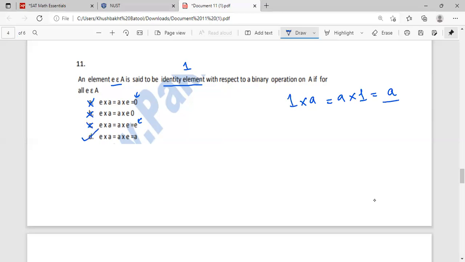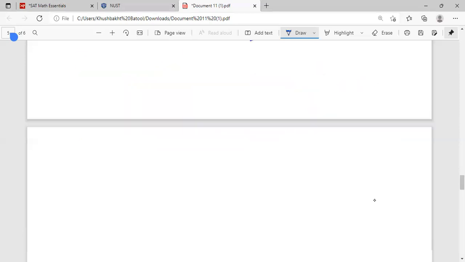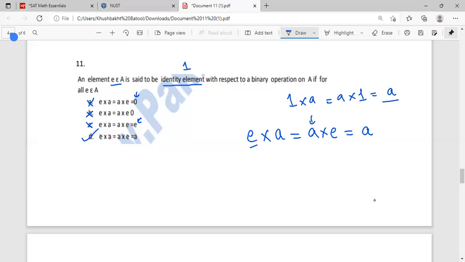This is the option because whenever you are multiplying the identity element with another element, the order does not matter because it is multiplication and we are going to get A, this element, not the identity element. Neither are we going to get 0, because we are multiplying the identity, we're not multiplying A inverse. And even if we are multiplying A inverse, we get 1 in that case, we don't get 0.